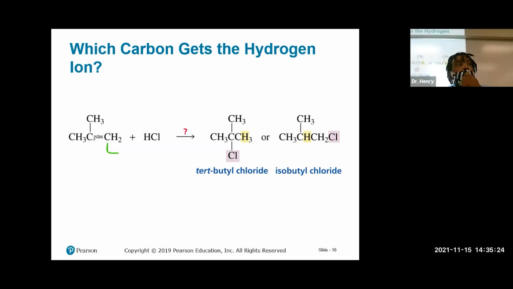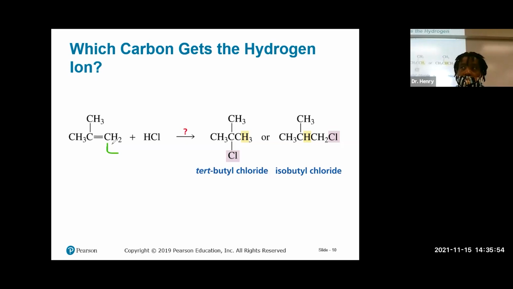If it's a terminal, a primary carbon, it doesn't like to go on primary carbons, right? Because it takes a lot for it to find that carbon and put that ion there. It prefers to go internal because it helps keep a stable structure, right? So you're going to get this guy coming first before you're going to get the formation of this guy.